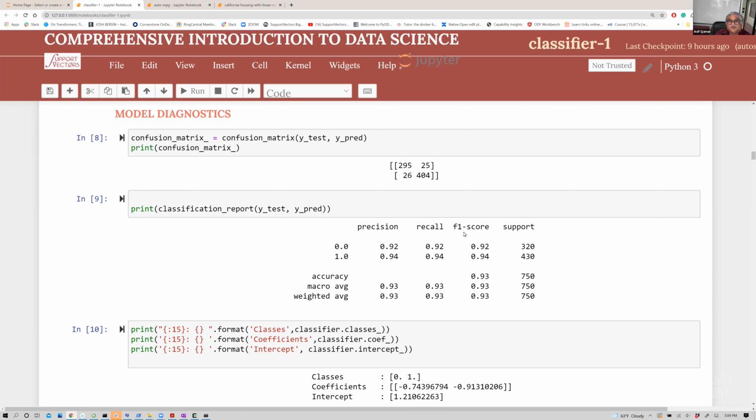And F1 score is the harmonic mean of precision and recall. Do you remember what harmonic mean is? So 1 over the harmonic mean is equal to 1 over x plus 1 over y, like two variables, right? So for example, 1 over precision plus 1 over recall is 1 over the F1 score, up to a factor. You can try that.